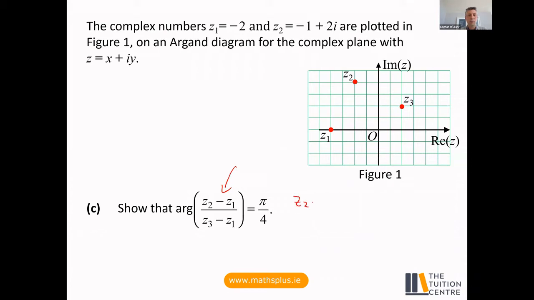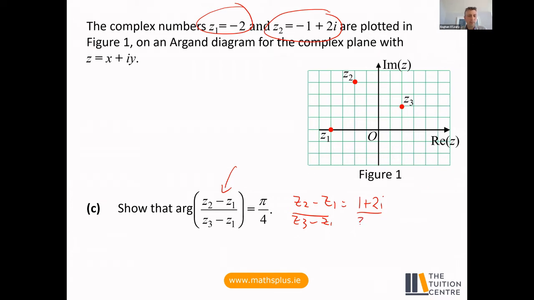So Z2 minus Z1, well, here's Z2, here's Z1. Z2 minus Z1 is going to turn out to be equal to 1 plus 2i. Z3 minus Z1 is going to turn out to be, well, that's 1 plus i, and then minus 2.